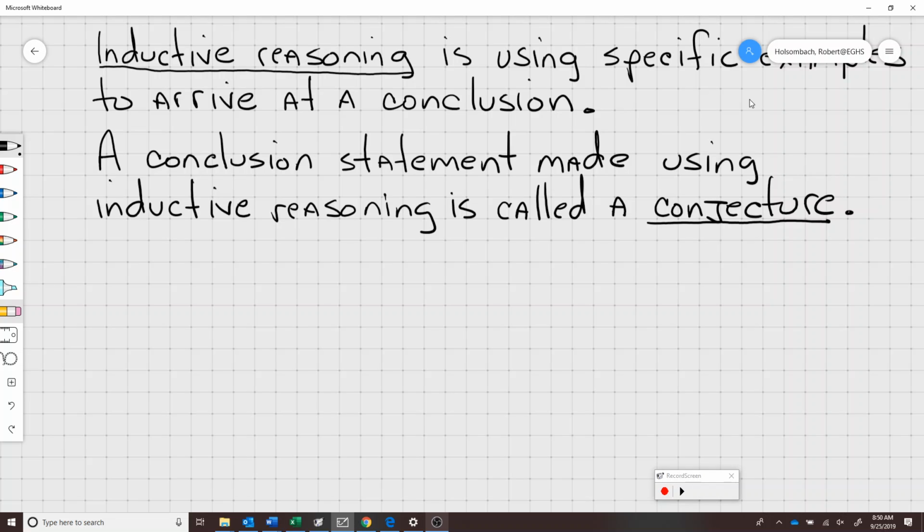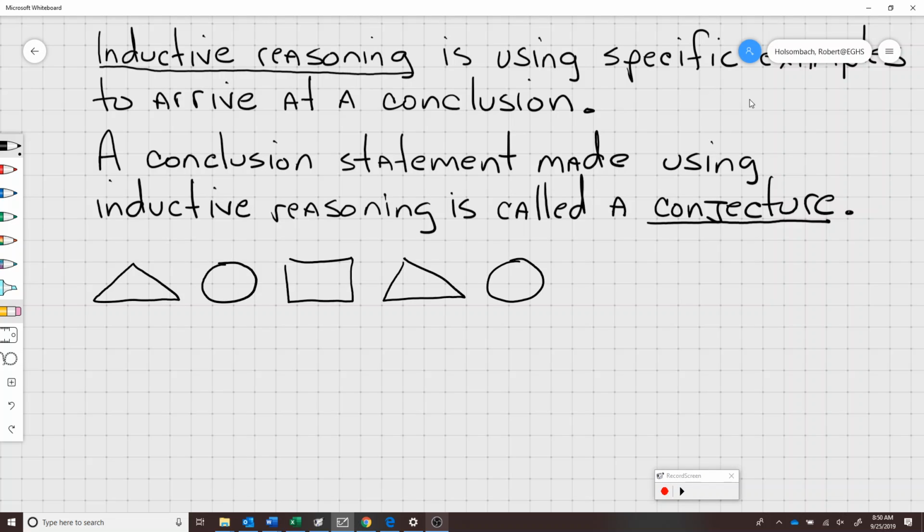So in its most basic form, okay, if you were looking at this pattern of triangle, circle, square, triangle, circle, blank. Alright? And a question would be, use inductive reasoning to make a conjecture about the next shape.